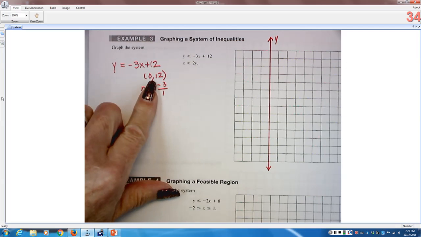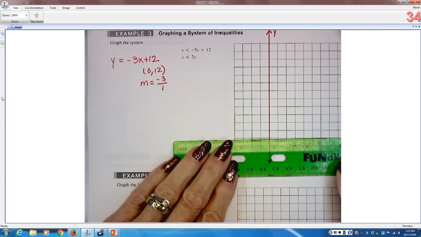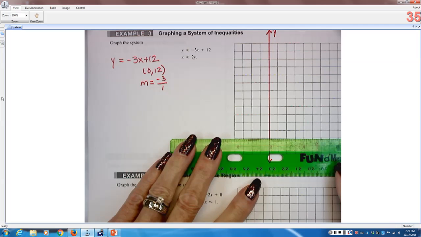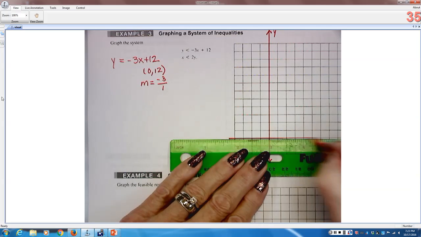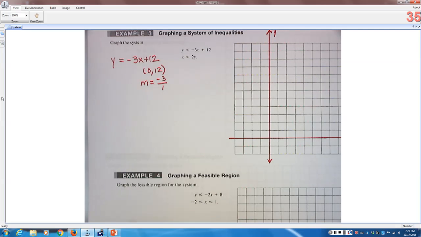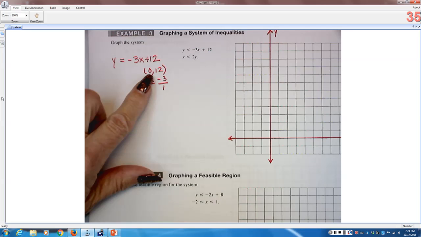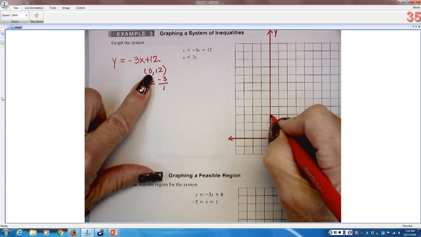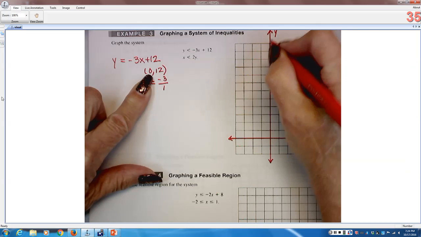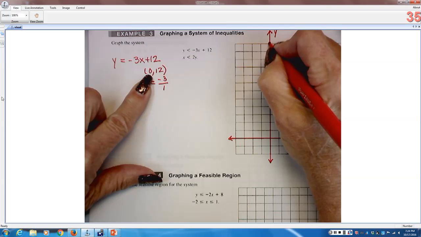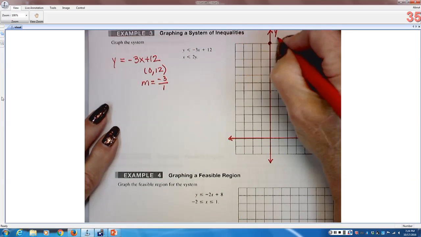And since I know I'm going to need to go up to about 12 on the y-axis, I'm going to put my x-axis down fairly low. So 0, 12, 1, 2, 3, 4, 5, 6, 7, 8, 9, 10, 11, 12. I could also have just put it in the center and counted everything as twos, but we'll leave that at 0, 12.